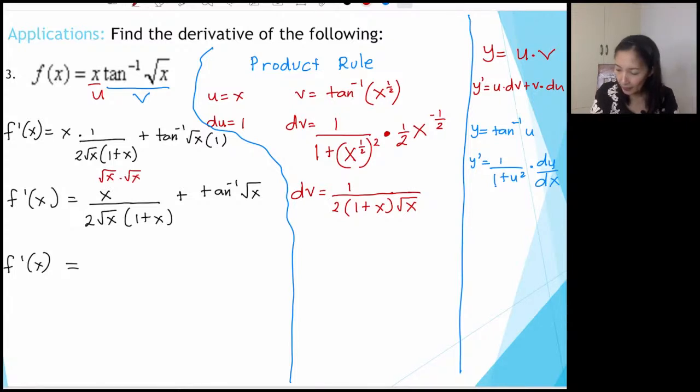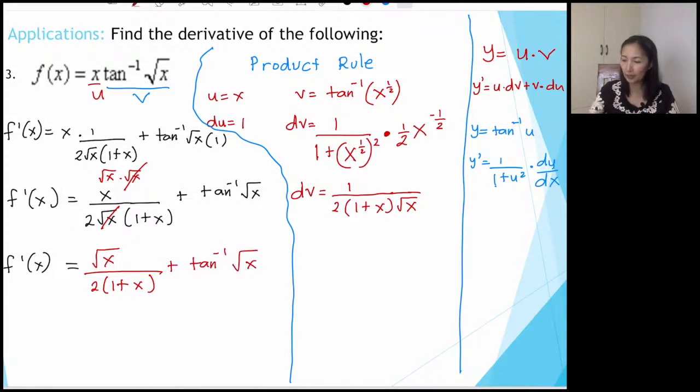And what happens? This with this will cancel out. Okay? So what remains? The square root of x all over 2 times 1 plus x. Plus arctangent of the square root of x. Okay, that's it.